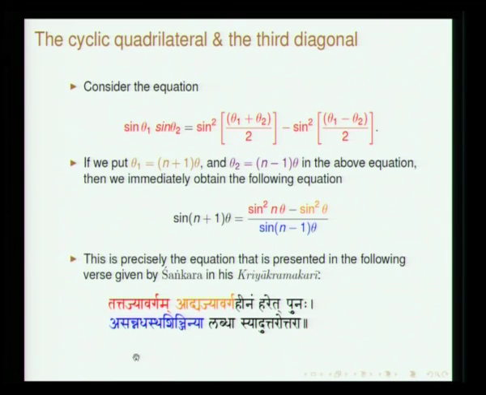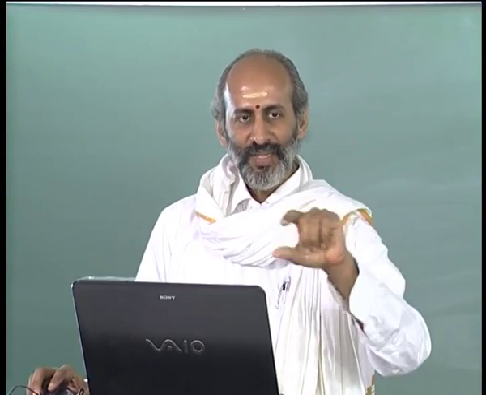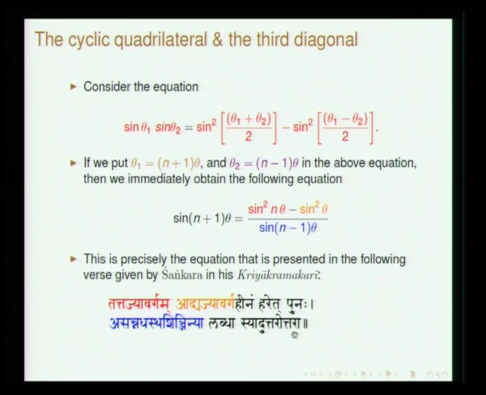So, adhastha shinjinya, shinjini also refers to this jya, adhastha means one below this. So, if you consider sine of n theta, then sine of n minus 1 times theta will be the divisor, and what you get is labdha syat uttarottara. So, you will basically get the successive jyas. So, if you know the value of sin theta, then you will be able to get the entire sine table constructed using this.